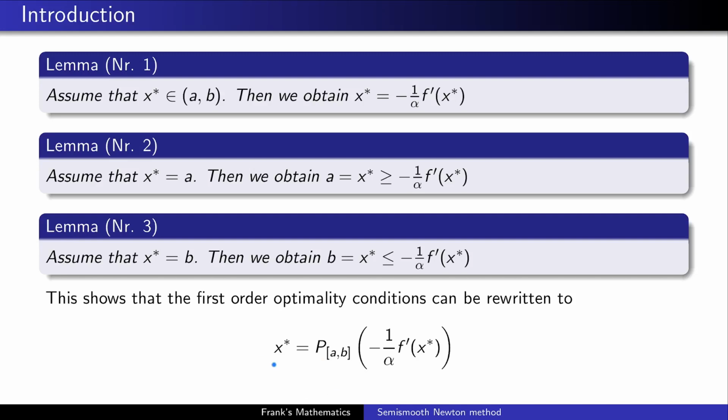So x star is the projection on the interval a to b of minus 1 over alpha f prime x star. So this is an equivalent formulation of the first order optimality conditions. Just take the result of lemma 1, 2, and 3 and combine it all, and you see immediately that you will end up with this expression here.